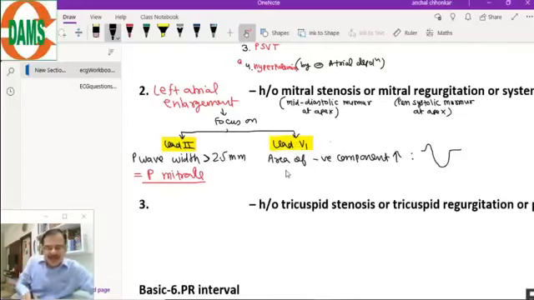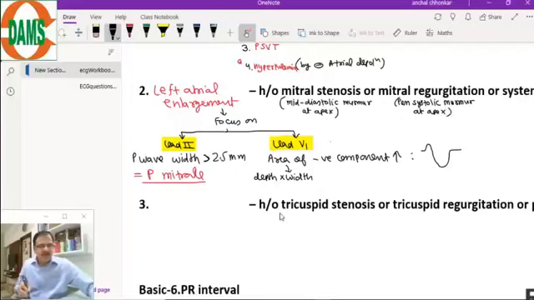So the area is determined by width multiplied by depth. So I will say depth multiplied by width.